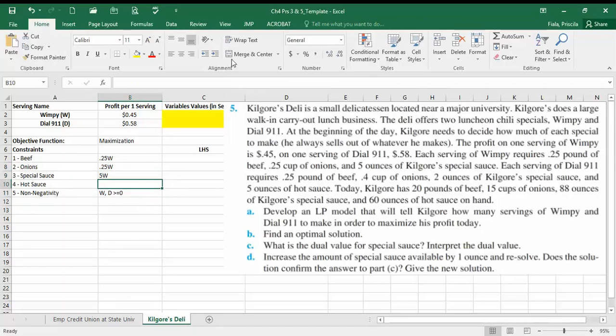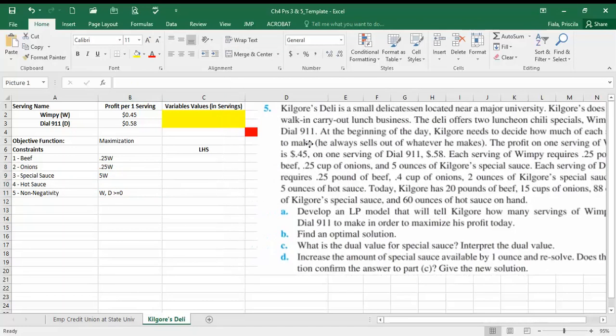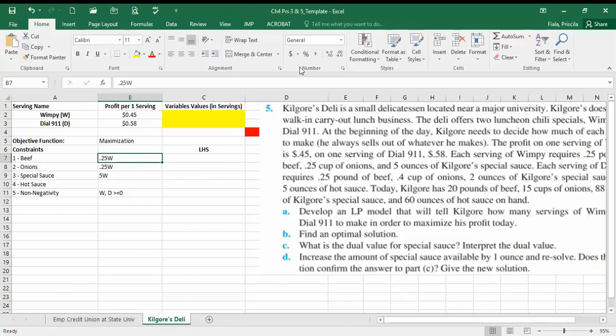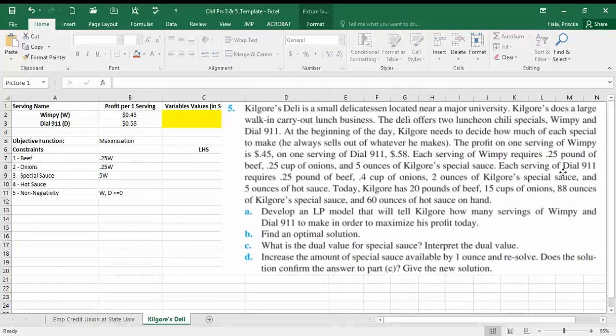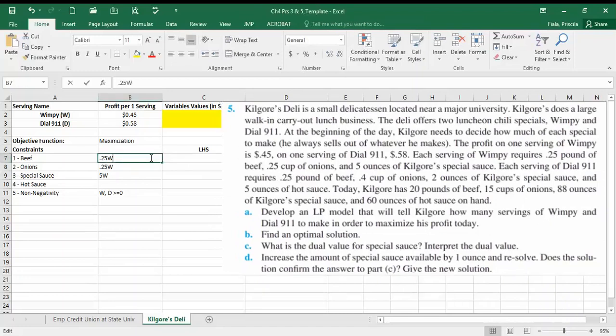So let's go now to the Dio 911. Each serving of Dio 911 requires 0.25 pound of beef, so here it requires 0.25 of Wimpy and 0.25 of Dio 911.